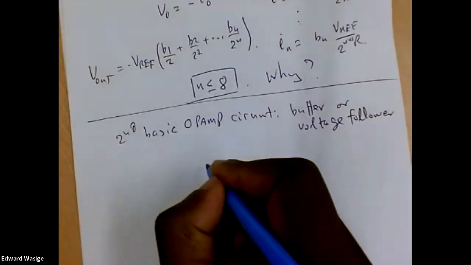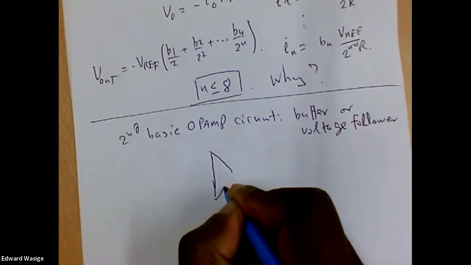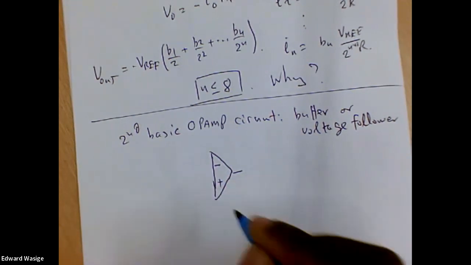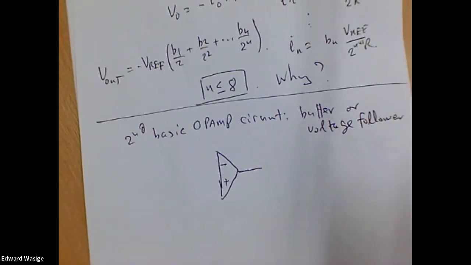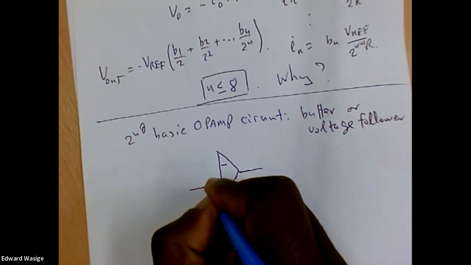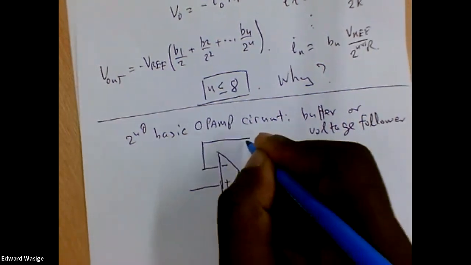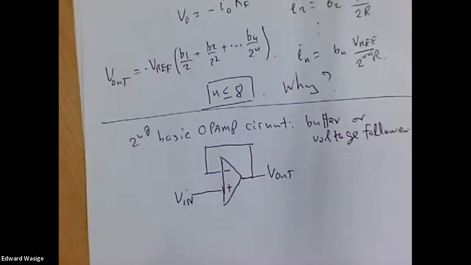This one is also based on an op-amp, minus, plus. In a voltage follower, I'll give you the circuit because you probably did this many years ago and may not remember. V out, V in.